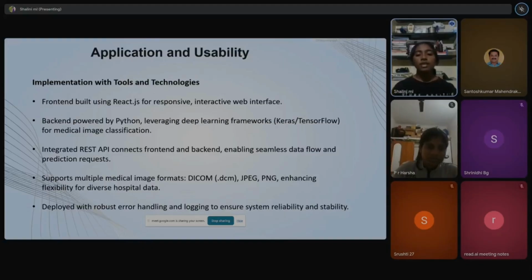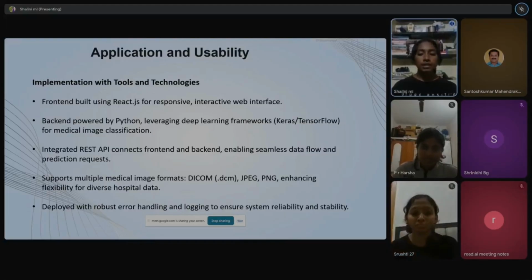The RESTful API acts as the communication bridge between the front end and the back end. It allows the front end to send the medical image data to the backend securely for processing, and then receives prediction results. This ensures a smooth and responsive user experience.